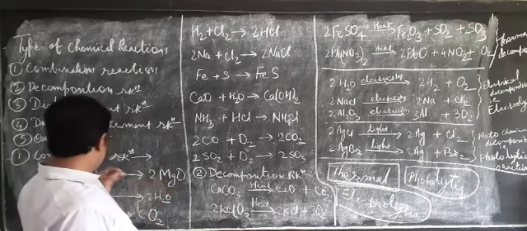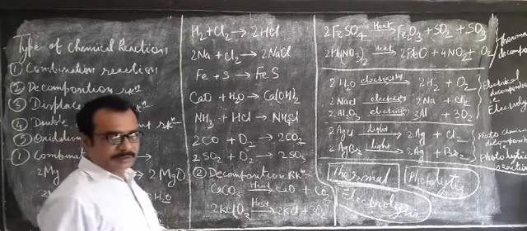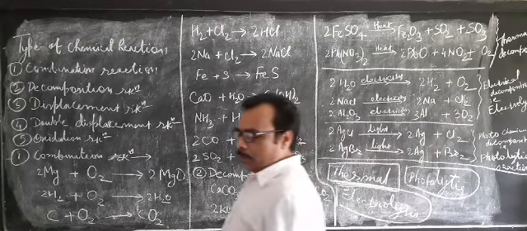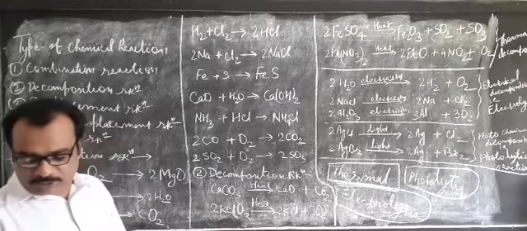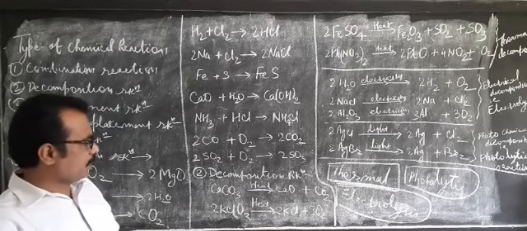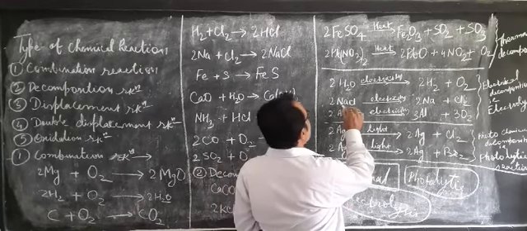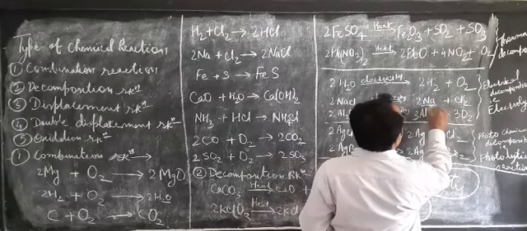Now there are uses of decomposition reactions in our daily life. What are the uses of decomposition reaction? Here you can see, when electricity is passed through sodium chloride, what are we getting? Sodium.